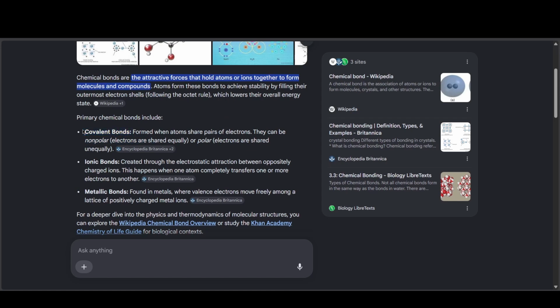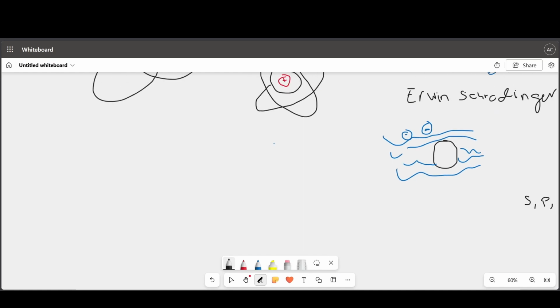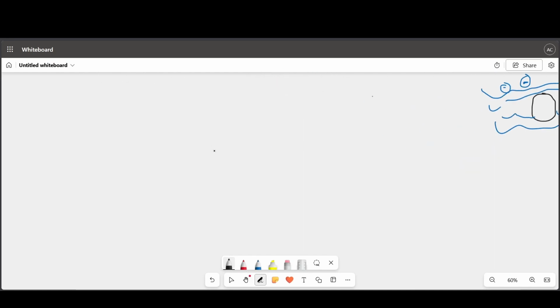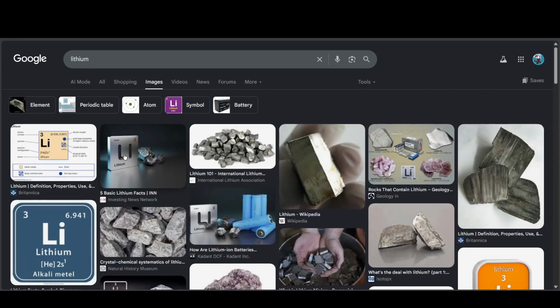So let's go straight back to the whiteboard right here. Let's say that we have a hydrogen atom. Okay, let's go back to the periodic table. Oh, I'm sorry, I already downloaded that, but I just forgot. So we have lithium and hydrogen.